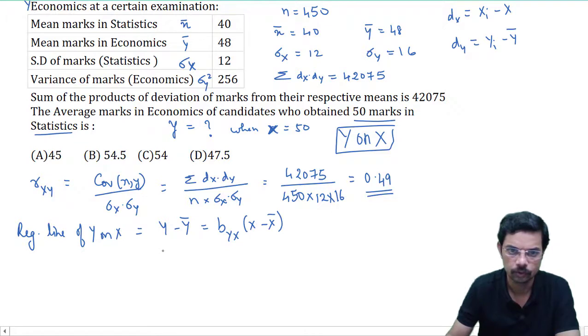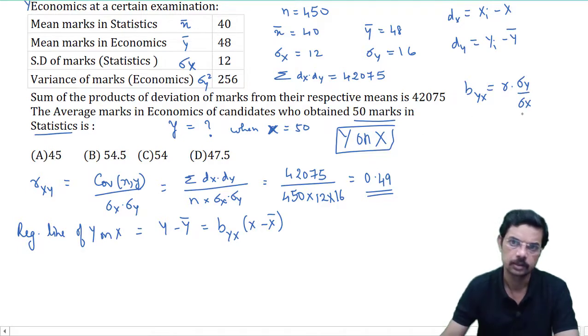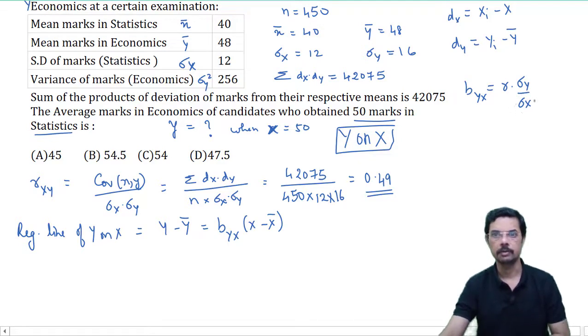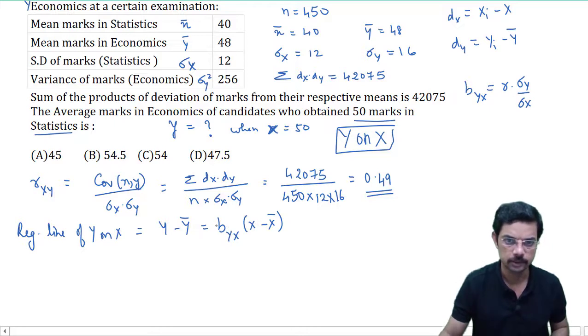What is byx? b of y on x can be written as r into sigma y by sigma x. We know this formula, so it can be used here. So this becomes y minus y bar, and y bar is 48, so y minus 48 equals byx.